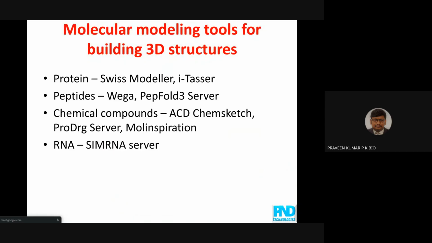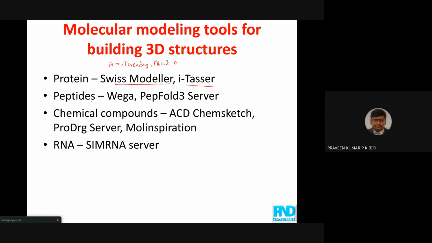Now related to molecular modeling tools for building 3D structures, I think we discussed this. If not, we can discuss now. So the proteins can be modeled through techniques like homology modeling, threading, and ab initio. This we already discussed in the previous sessions. And the popular tools we use are Swiss-Model and I-TASSER online.